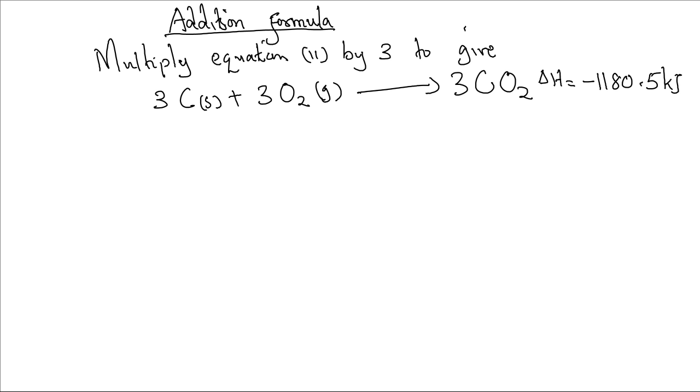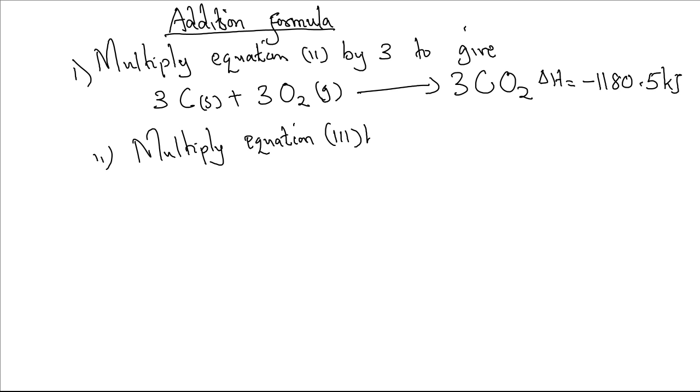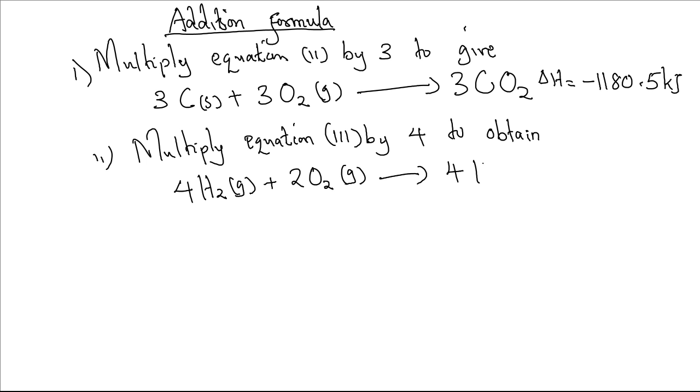Step 2, multiply equation 3 by 4 to obtain 4 hydrogen gas plus 2 oxygen gas to give 4 of water.